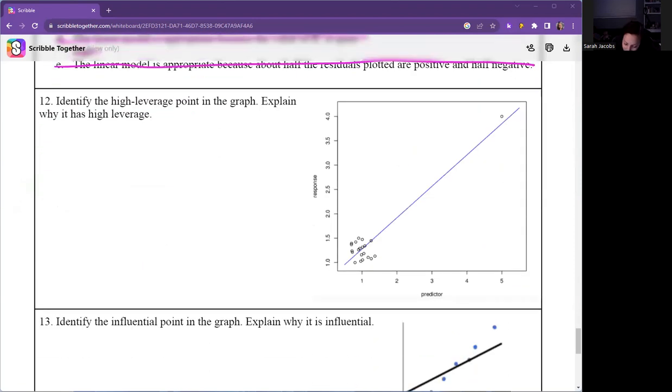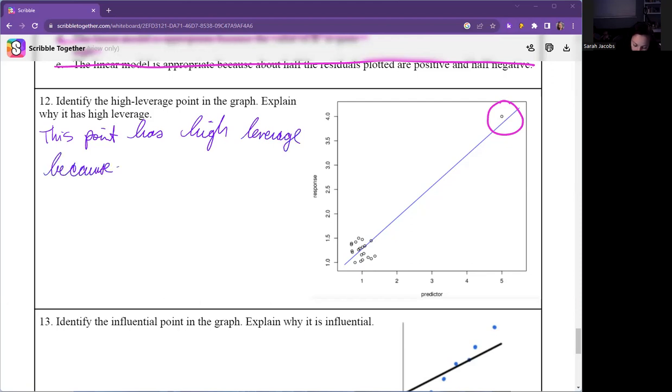Identify the high leverage point in the graph. Okay, one of these things is not like the other. It's way out there. Explain why it has high leverage. So this point has high leverage because its x value is very far from the rest of the data's x values.